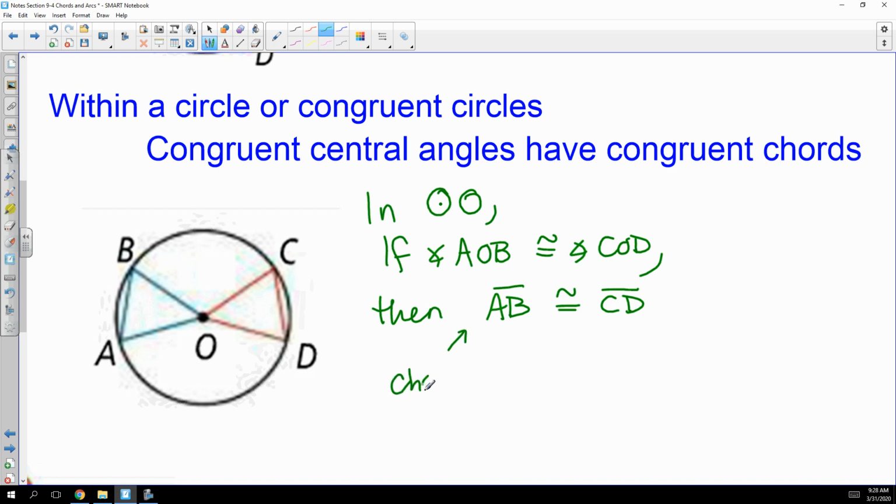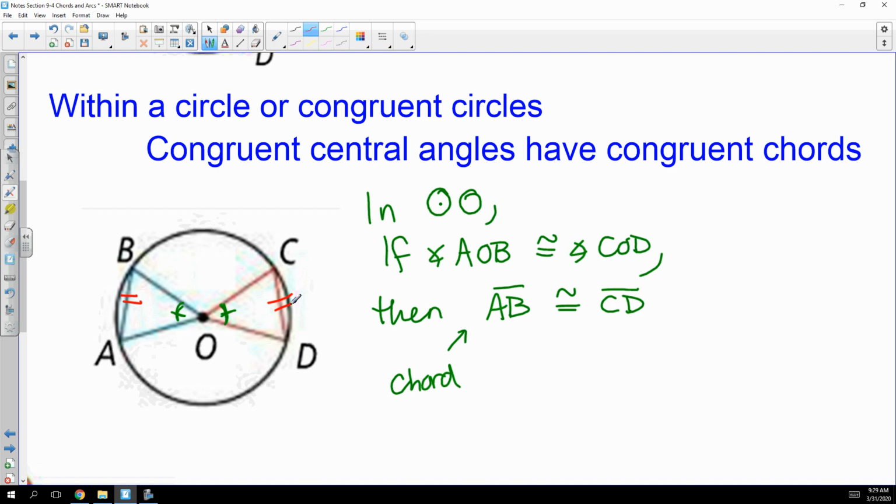Remember, you might want to say chord to denote that it's in a circle, because there's not a symbol for chord.